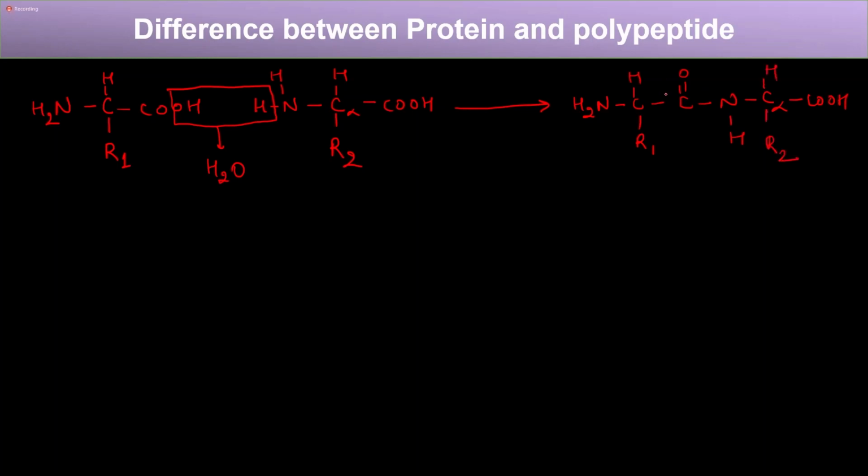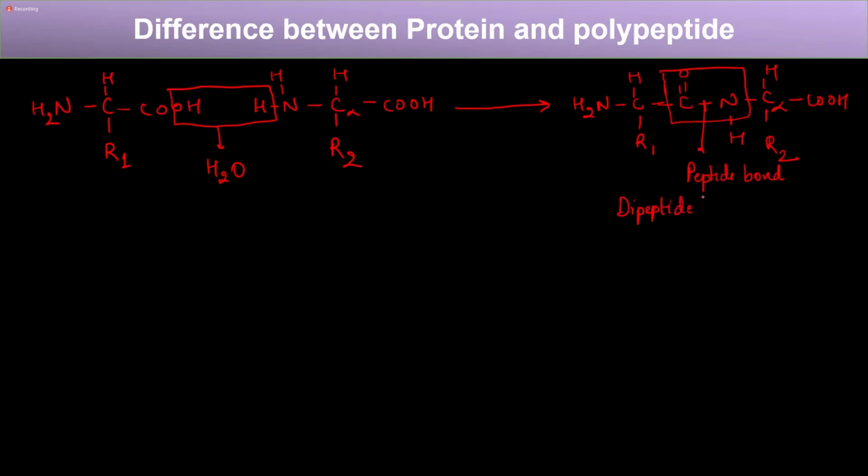Now, this bond that is formed is known as peptide bond. And this structure, because it comprises only two amino acids, is known as dipeptide.